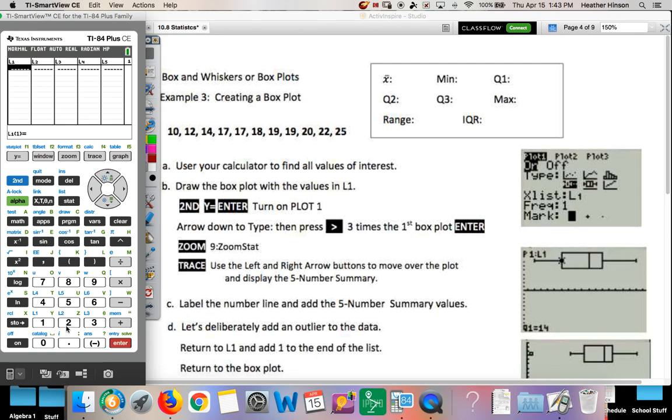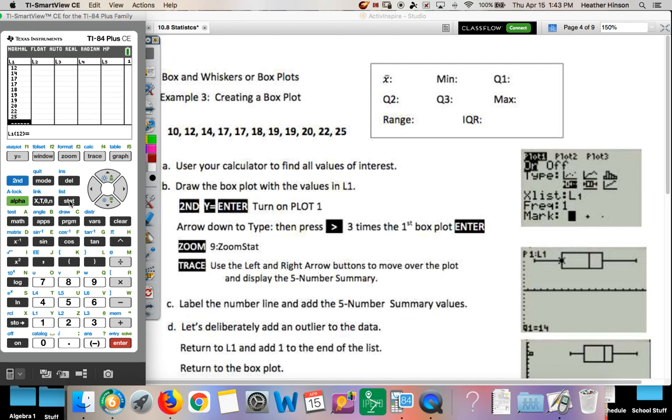So clear out what we have. We have 10, 12, 14, 17, 17 again, 18, 2 19s, 20, 22, and 25. And we can get all of this information from the calculator.